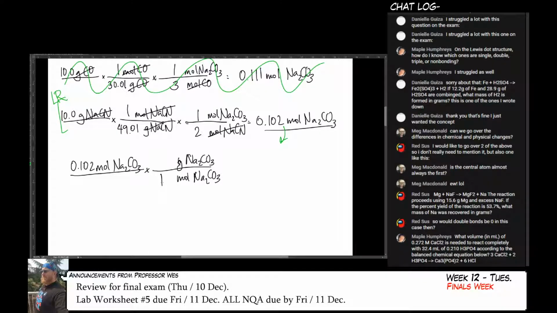And in a mole there are 105.99 grams of Na2CO3. So the mass that we produce is just that times 105.99. 10.8 grams Na2CO3.